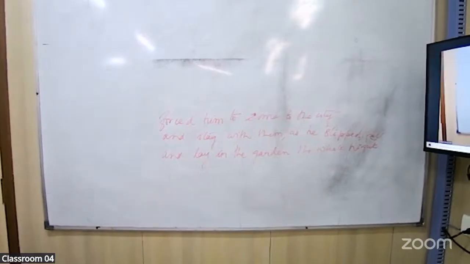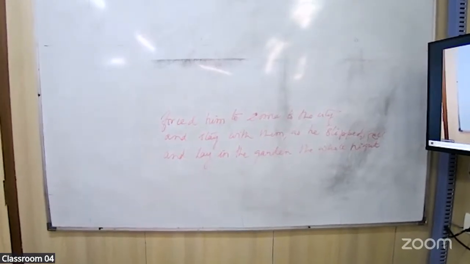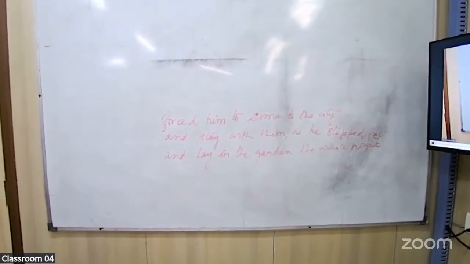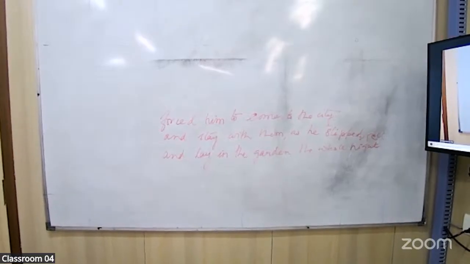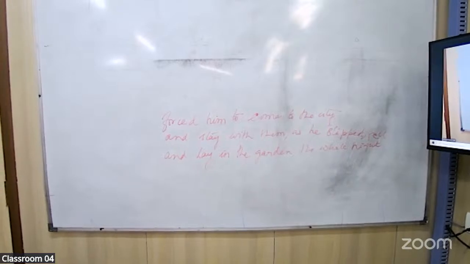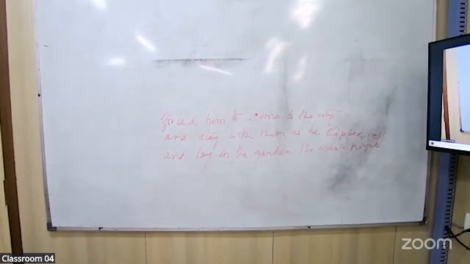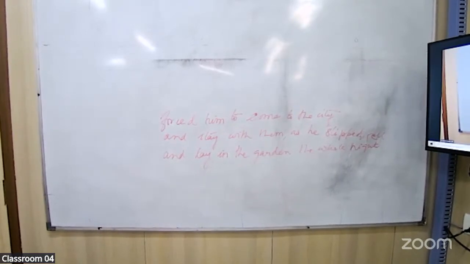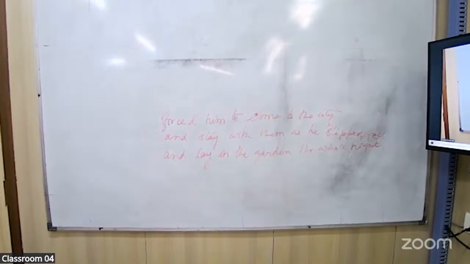Done? Finished? The next one, complete with a suitable reason. Ravi's mother was impatient because what? You wanted to know what was the present here. No. See, read the reference again. Tell me.